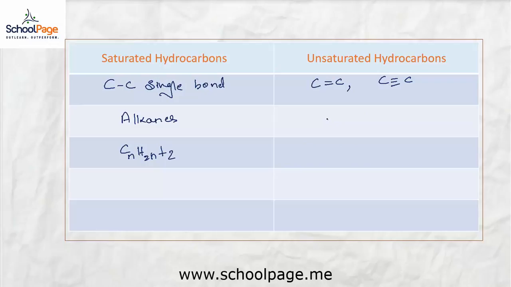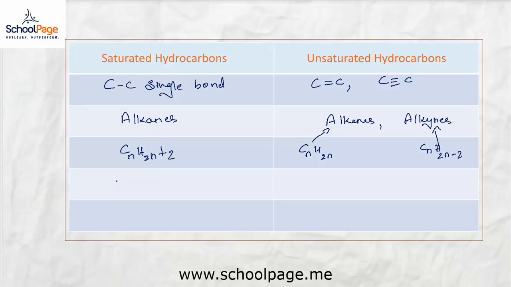Unsaturated hydrocarbons are of two types, alkenes with a double bond and alkynes with a triple bond. The general molecular formula is CnH2n for alkenes and CnH2n-2 for alkynes.